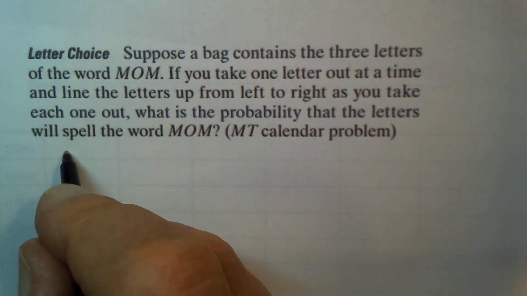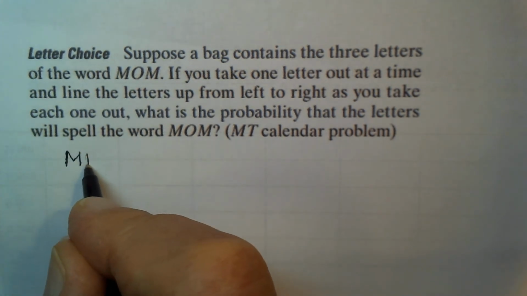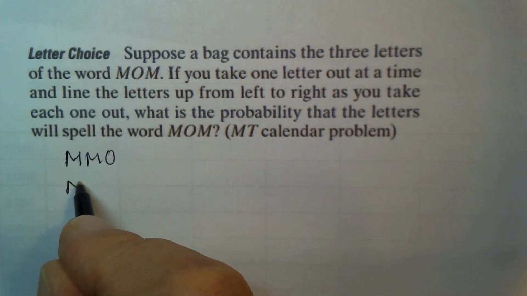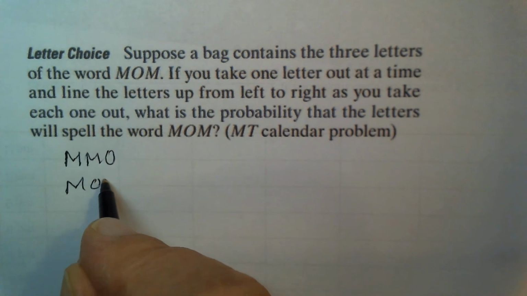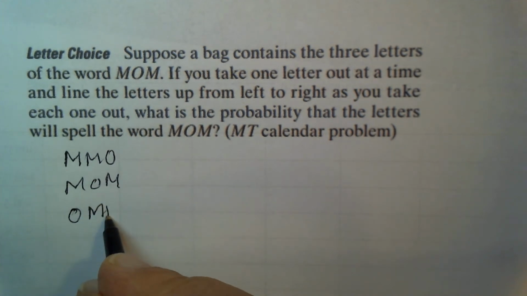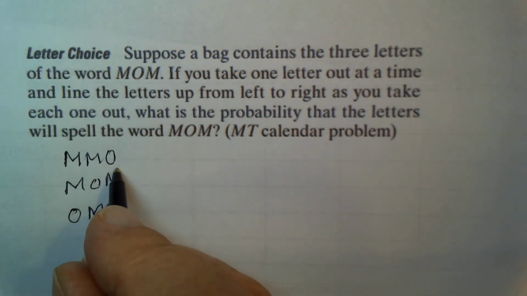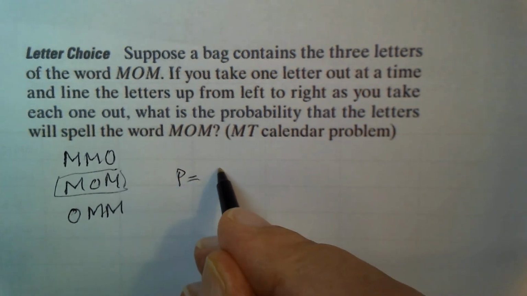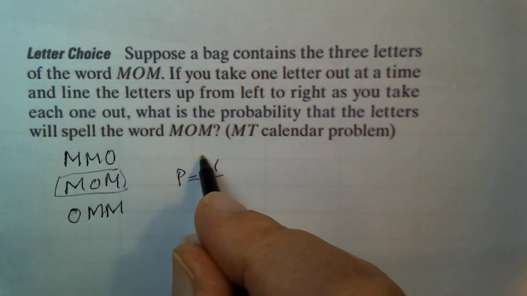And so we could have the result of M, M, O, or we could have the possibility of M, O, M, and the only other possibility is O, M, M. So that's our sample space. There's only one that makes it work, so that probability is equal to 1 divided by 3.